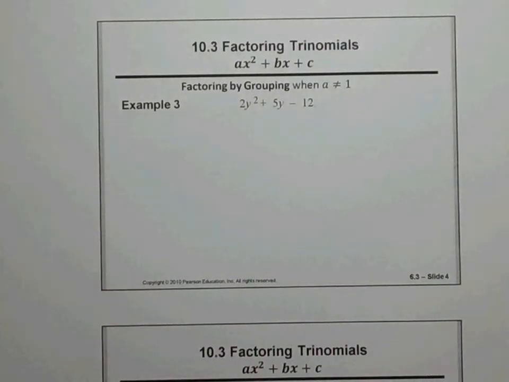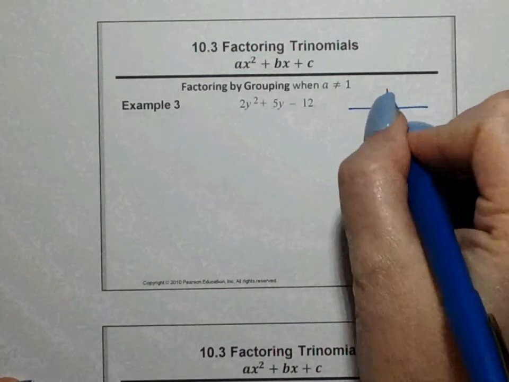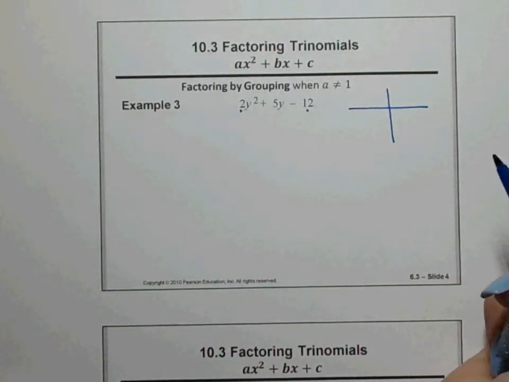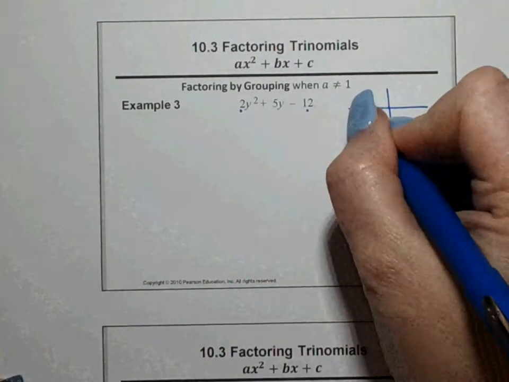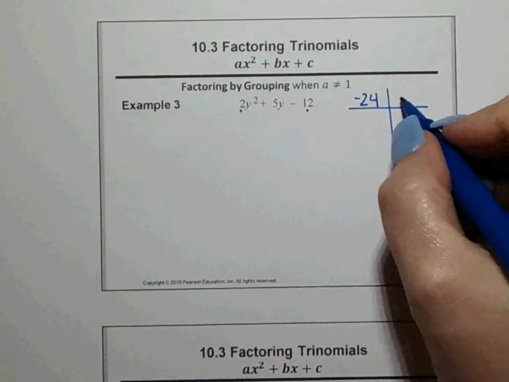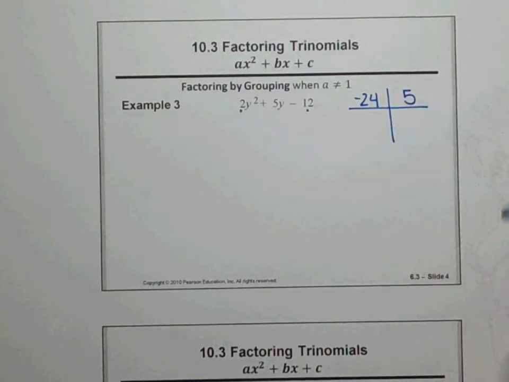Example 3. Again, I want to multiply my A and my C together. So I have 2 times negative 12, so that's a negative 24. And then I've got my B, which is a 5.